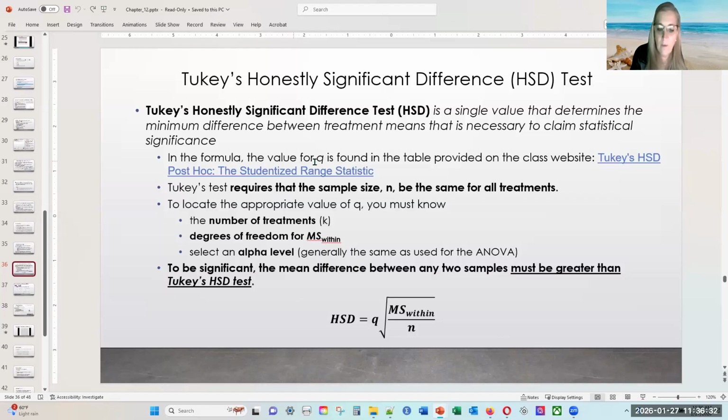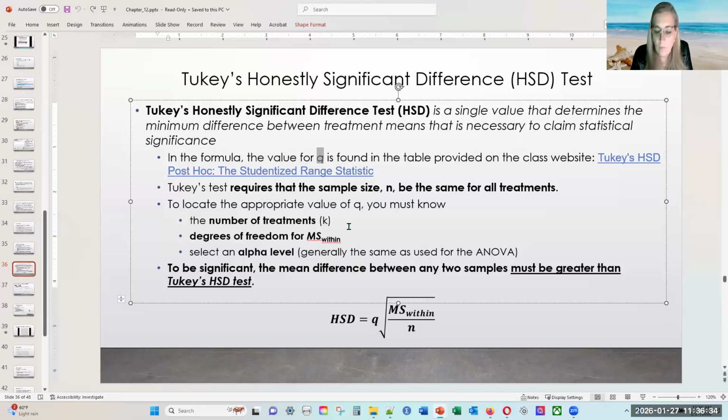In this formula, the value for Q is found in the table provided on my website when I do this in person, but I will have placed it in Canvas for you as well. You'll see a link for that in there. You can also find it in MindTap.